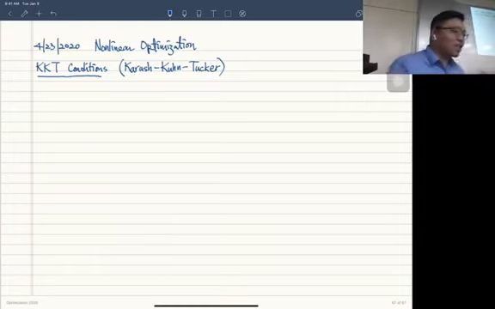It's not an iteration method. It's a condition checking procedure. So in the first half today, I'm going to introduce these KKT conditions.